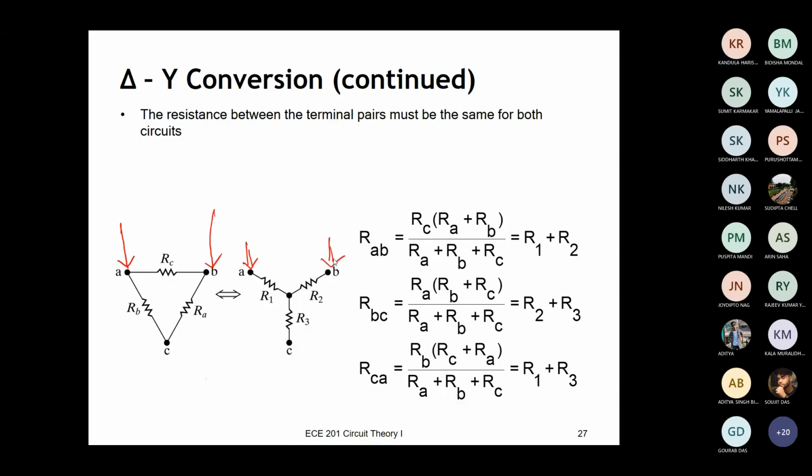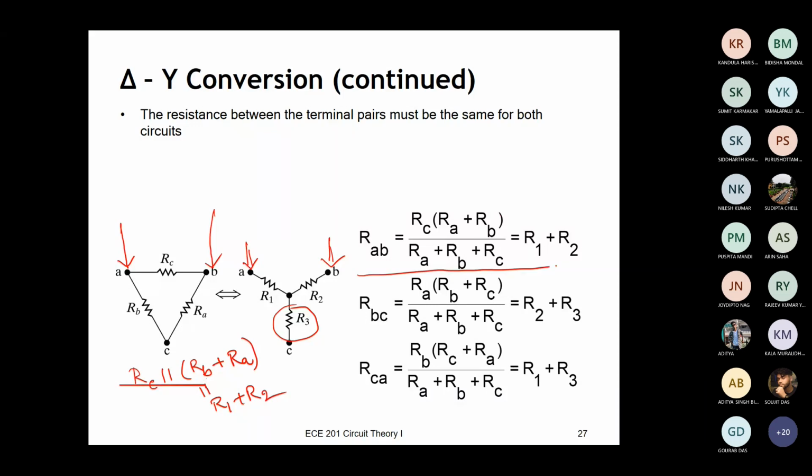Between A and B, it is RC parallel to RB plus RA, right? And in the star, this terminal is open, which means R3 is not playing any role here. So the equivalent resistance between the AB terminals is equal to R1 plus R2. That is what is written here, right?